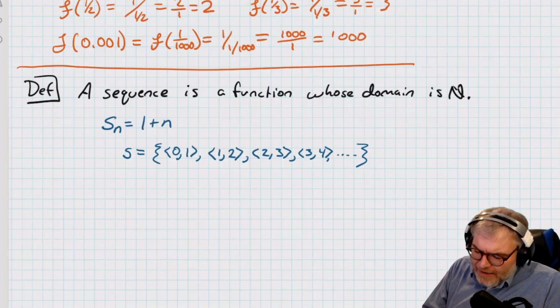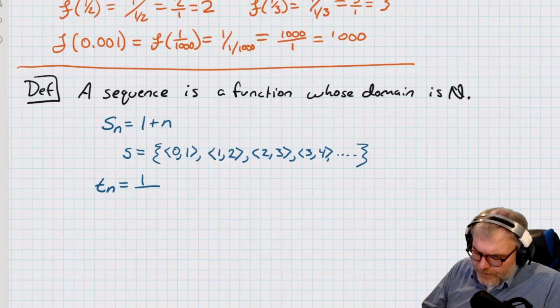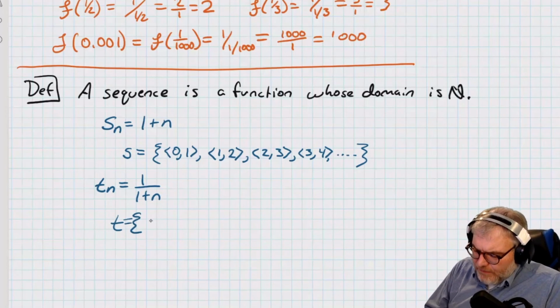Okay? What about Tn equaling 1 over 1 plus n? So this function, 1 over 1 plus n is my rule. So I'm going to map 0 to 1 over 1. 1 is going to map to 1 over 1 plus 1.